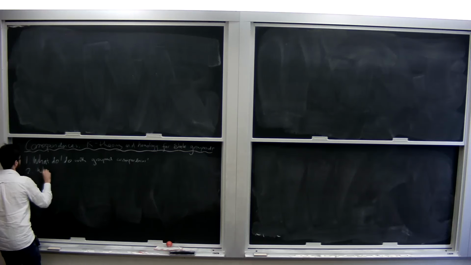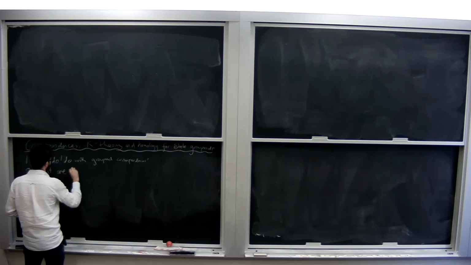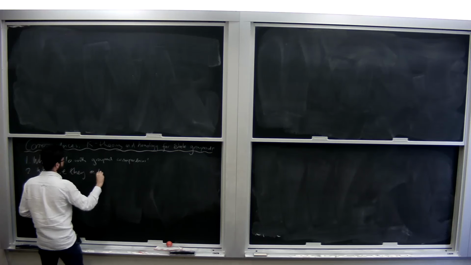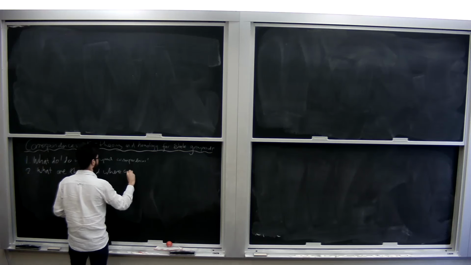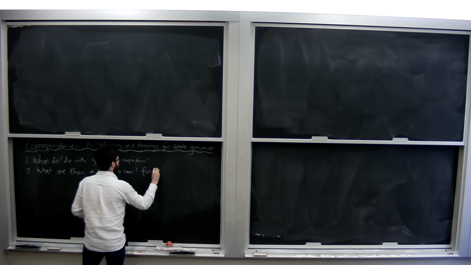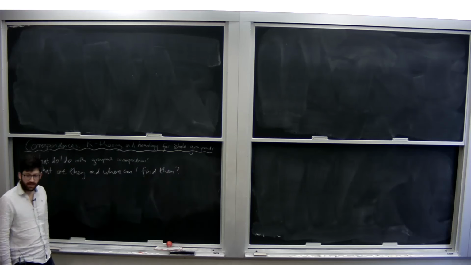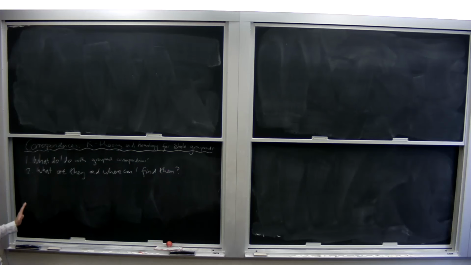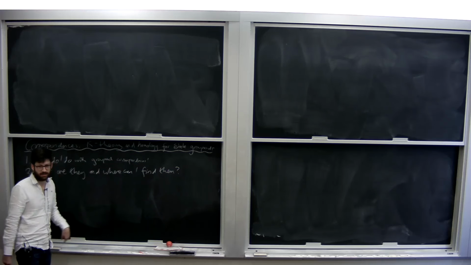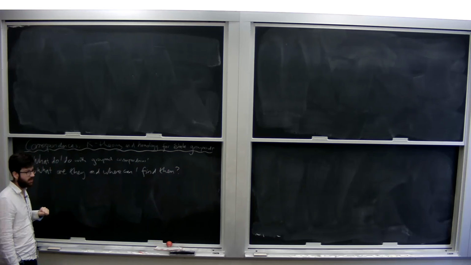So what are they, and where can I find them? My handwriting is not the best, so if there's anything anyone can't read, just ask me, and maybe I need to write bigger. Feel free to ask questions at any point.